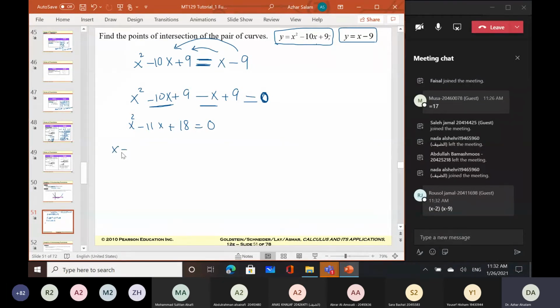So I will have x equals minus b, which is 11, plus or minus the square root of b squared, which is of course 11 squared, 121, right? Minus 4 multiplied by a, 1, multiplied by c, which is 18.